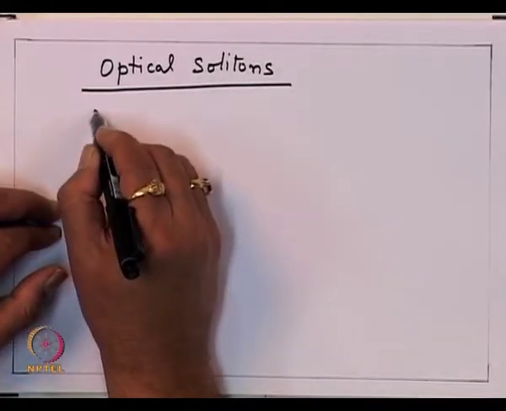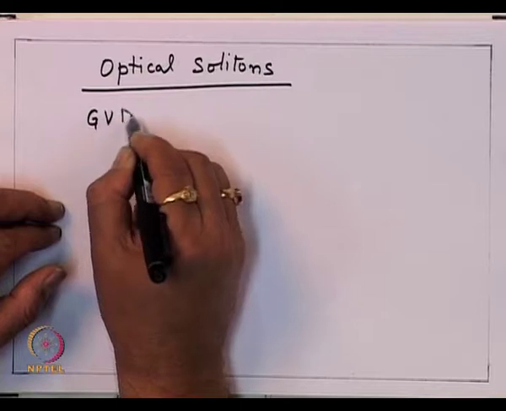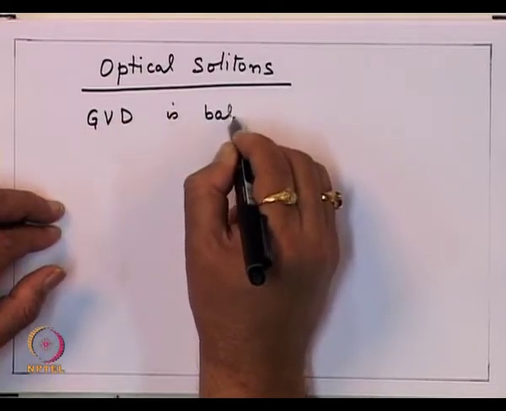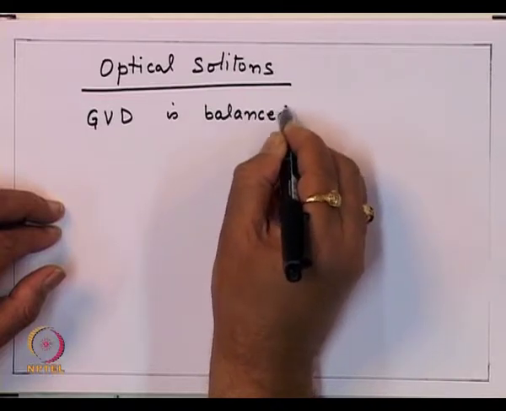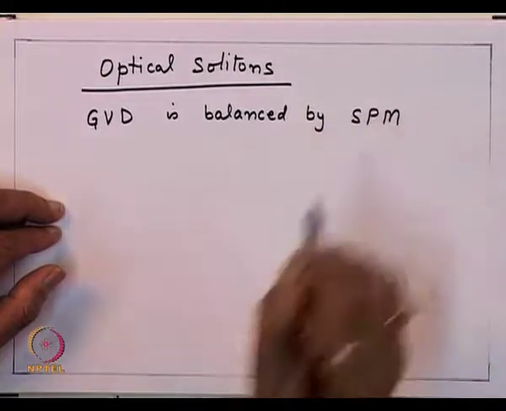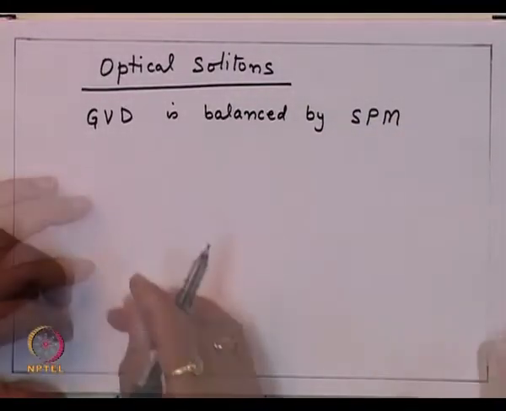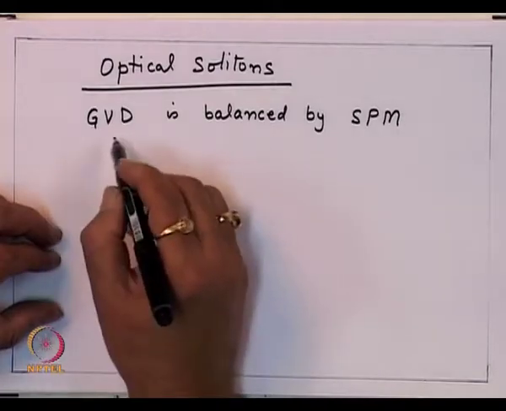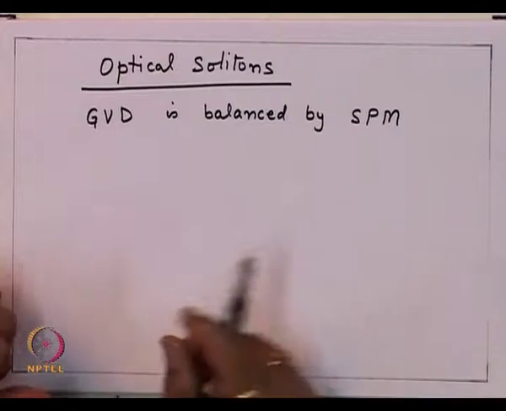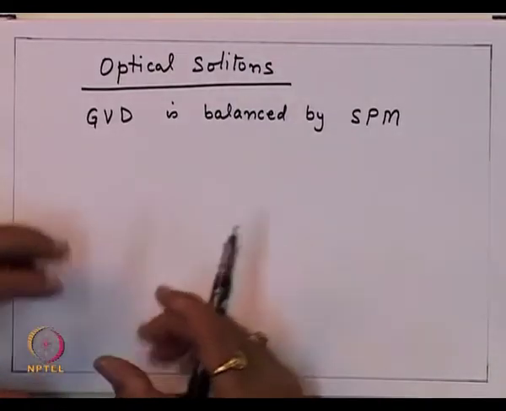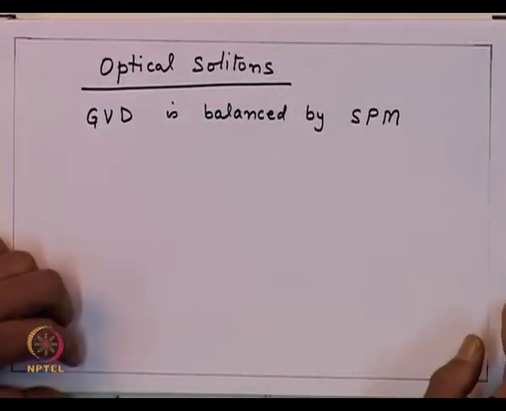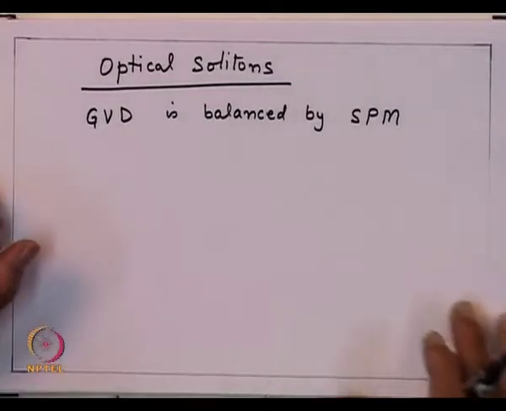We said here the group velocity dispersion is balanced by SPM, the self phase modulation. So, we are saying here that the dispersion length and the nonlinearity length are very comparable, and in that regime essentially we would like to look at how the nonlinear Schrodinger equation would look like and what would be its solution.